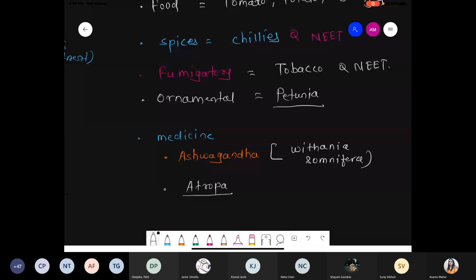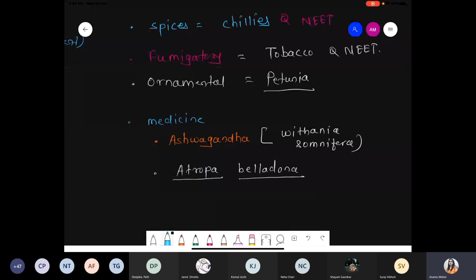Okay, another example we are talking about is Atropa belladonna. Atropa belladonna is basically used during poisoning treatment. So it is used as an antidote. Atropa is one plant which belongs to the Solanaceae family, and whenever we are talking about uses, it is used as an antidote during poison treatment.